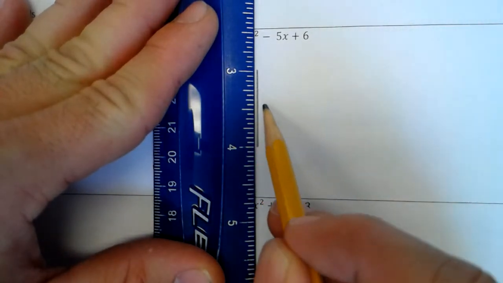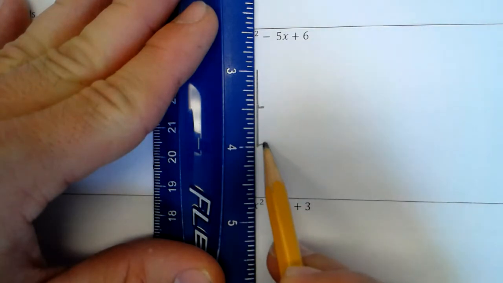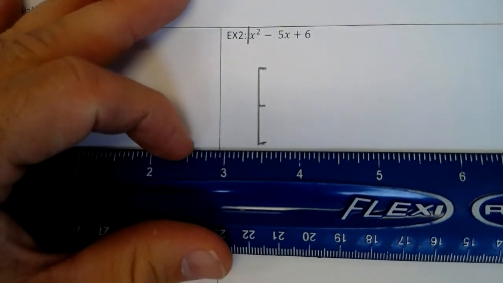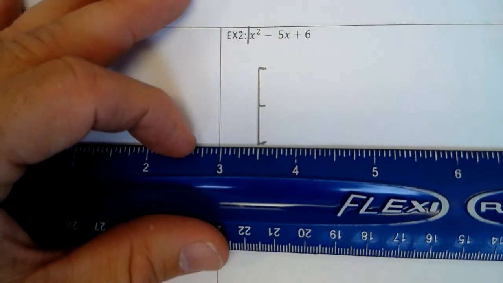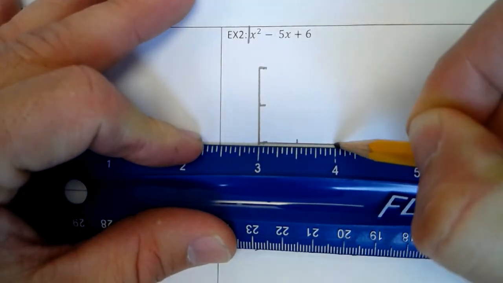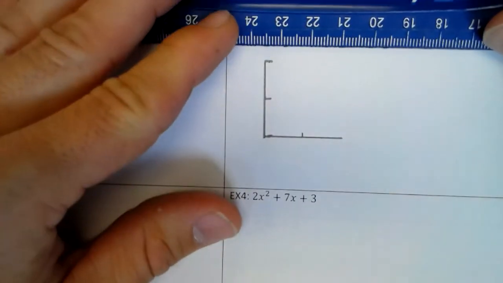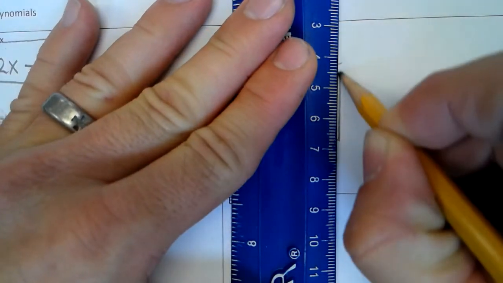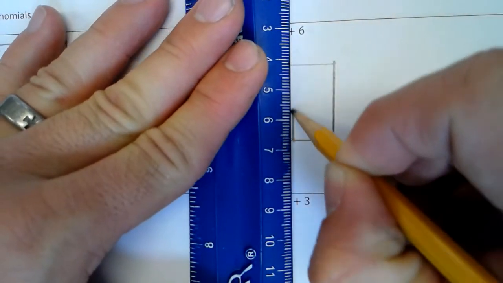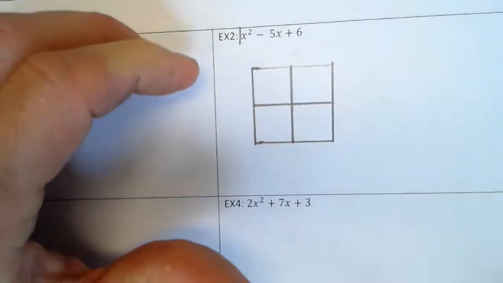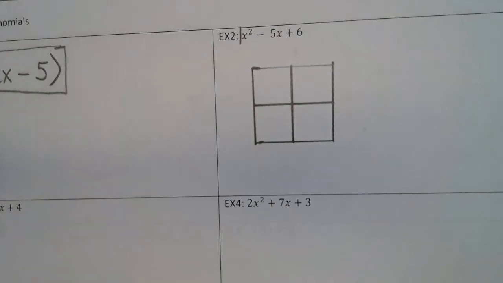So I'm going to do each box half an inch, so the whole box itself is 1 inch. And I'm going to do that on all the boxes. Take time to make a very organized box because it's going to help you work, okay?